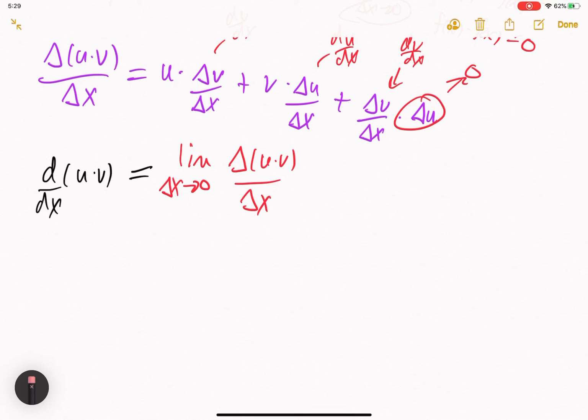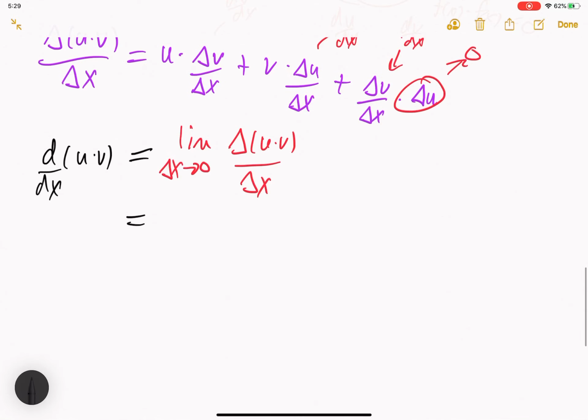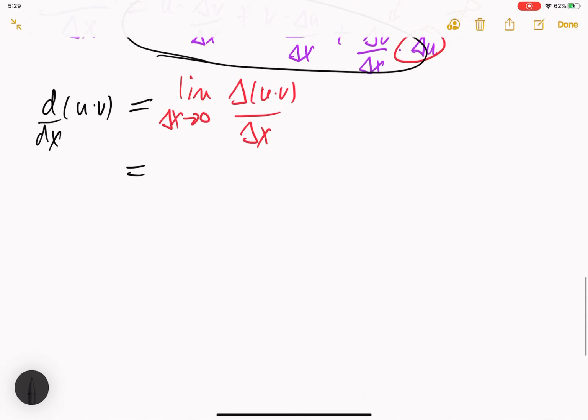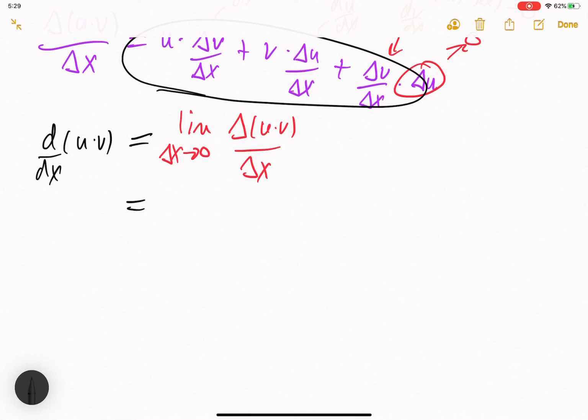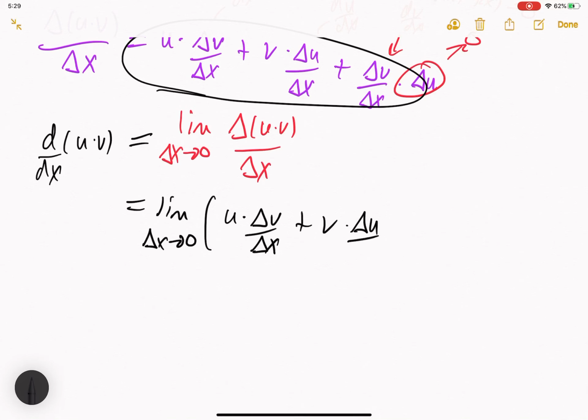Now, basically I'm going to do what I said right here. It's equal to the limit as delta x goes to 0, and now we're just going to plug in everything above: u times delta v divided by delta x, plus v times delta u divided by delta x, plus delta v divided by delta x times delta u.